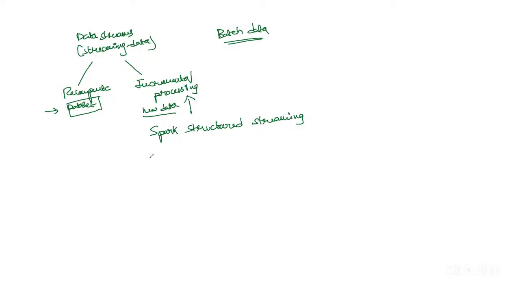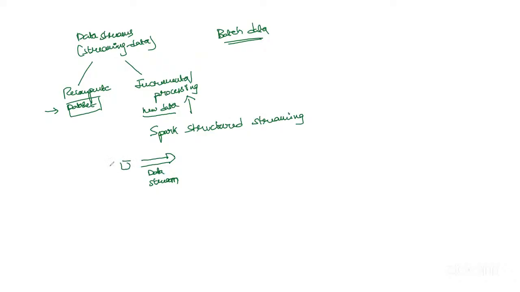As data keeps on coming, let us say this is any data stream, which is streaming data like Kafka, or you are reading a file using a data stream, or it could be real-time data, right?